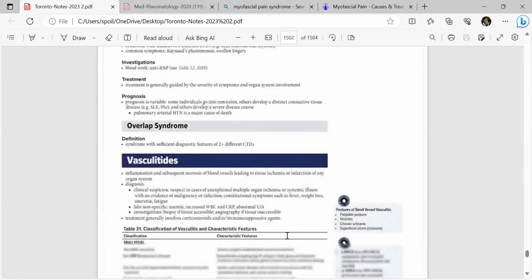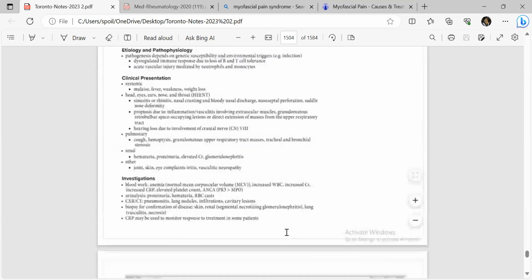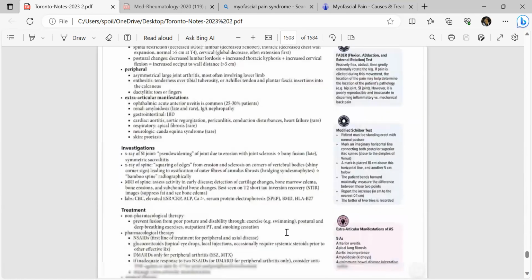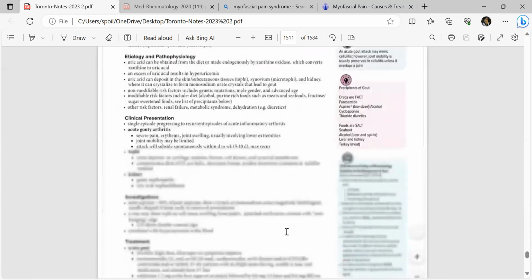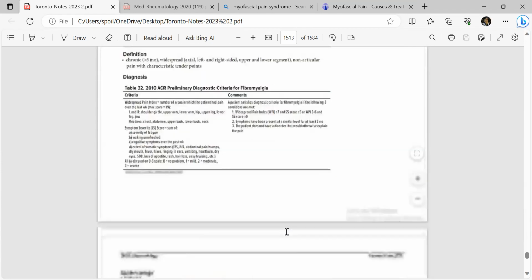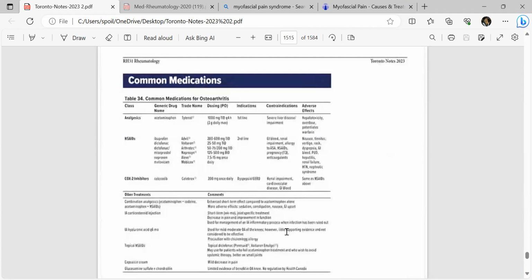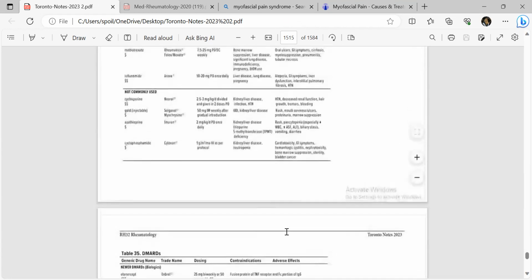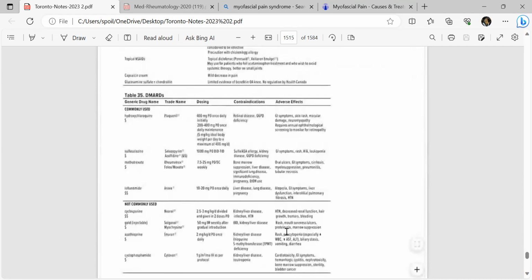Rituximab, we just read here, is the DMARD introduced. I think so. We were just reading something very important about rituximab.